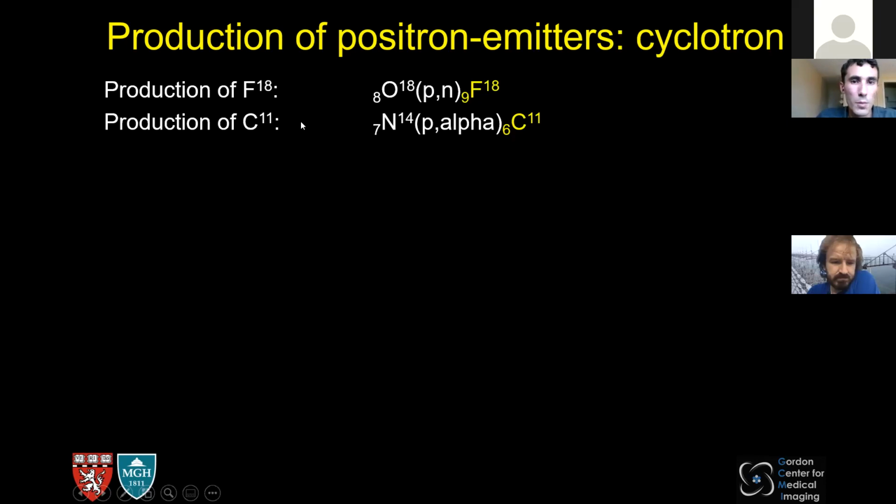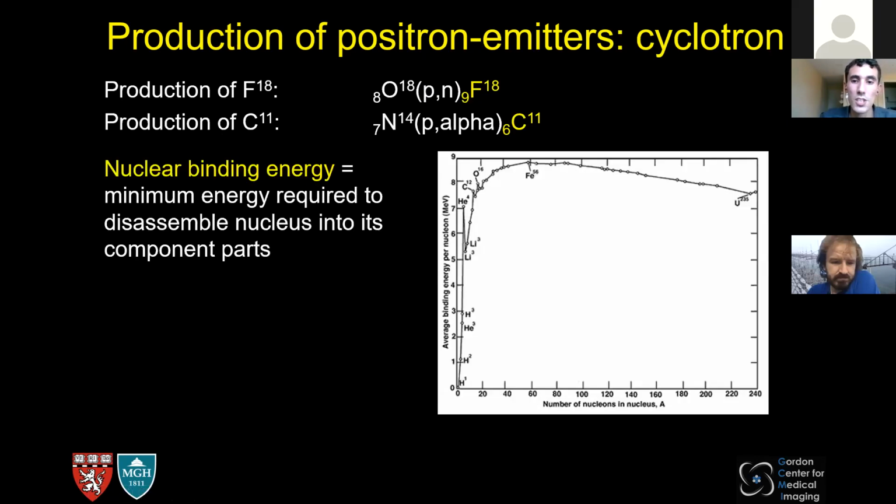Same thing for carbon-11 with a different target: you send a proton on the target of ammonia, then you have an alpha particle emitted and you get carbon-11. Now, of course, in order for the proton to interact with the nucleus of the target, you need to confer a certain energy, and that energy has to be higher than what we call the nuclear binding energy.